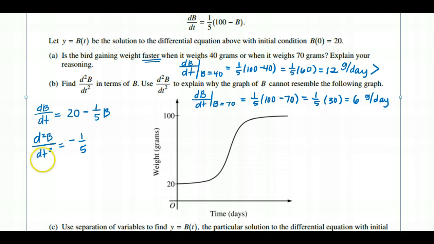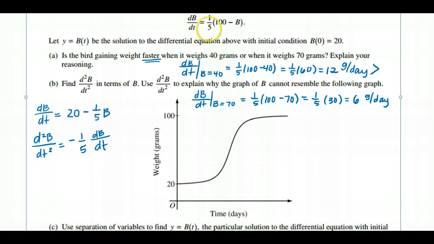Now I'm taking the derivative with respect to time. B is not the same as t, so that means this is implicit differentiation. So the derivative is negative 1/5 dB/dt. So now, what did it tell us to do? Find the second derivative in terms of B. Well, this is not in terms of B. This has a dB/dt in it.